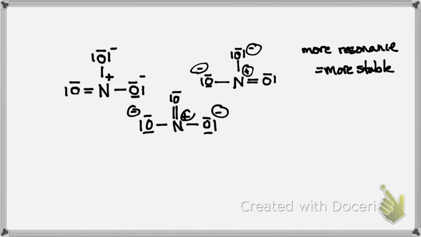Why do you think more resonant structures make an ion more stable? From what I remember in 1A, when we draw these structures, the actual hybrid in real life is constantly going back and forth between all of them. Yeah, we call it the hybrid.